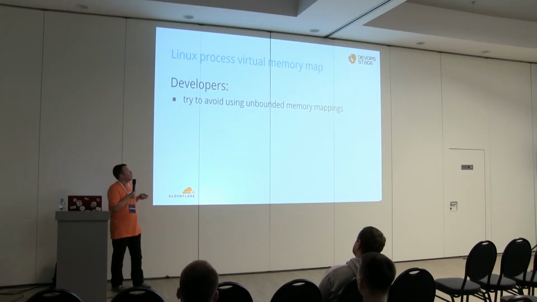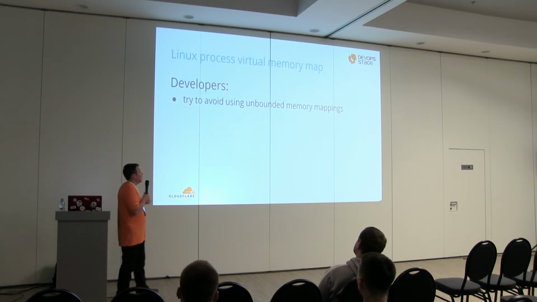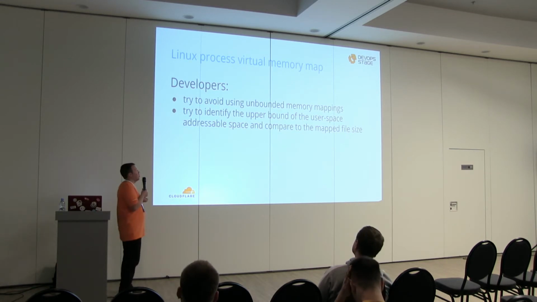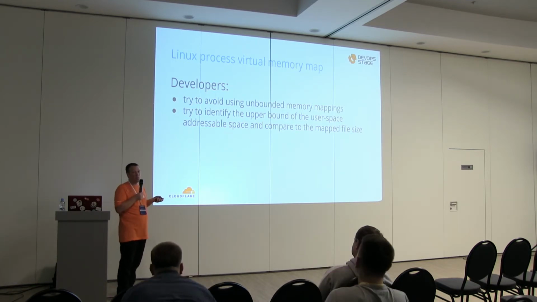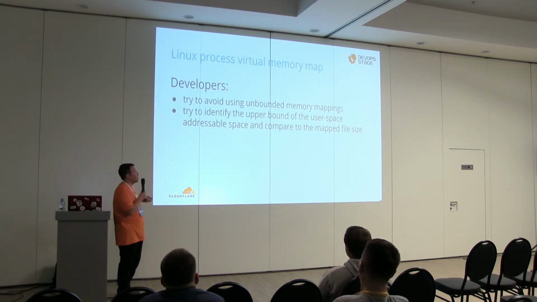So for developers, we should try to avoid using unbound memory mappings. Although it's hard, if you plan to map a very big file in your code, try to identify the upper bound of the user space addressable space. There is no portable way to do that, but it's certainly possible to do it in Linux, for example.